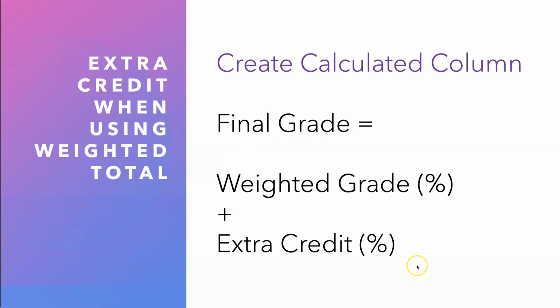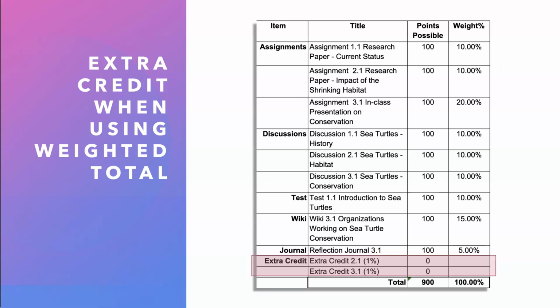When planning an extra credit assessment in this case, we would need to set it up keeping in mind that the grade will be added to a percentage total. In this example, where the grade is arrived at as a weighted grade, we will still be setting up the extra credit at 0 points. However, instead of the 10 points that we saw earlier, we will be allocating 1 point or 1% for the extra credit items.